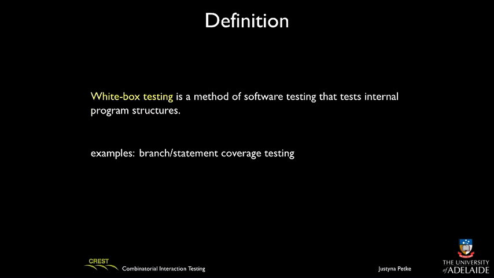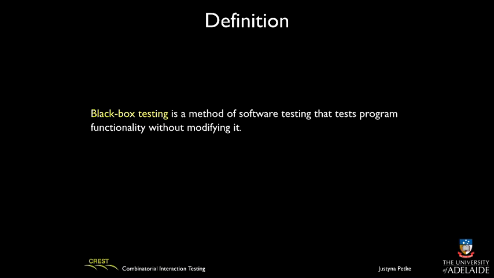In contrast, white box testing is where you check, for example, statement coverage or branch coverage, measuring something about components of the system. In black box testing, you're just considering the entire system as a box. Values go in, some behavior, some values come out. That's good enough for our purposes.